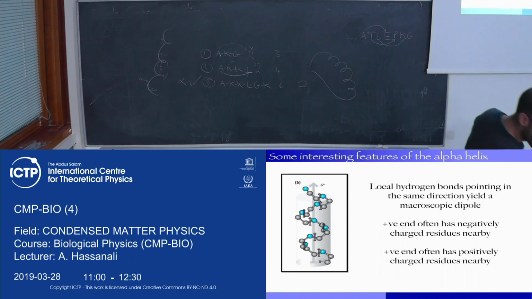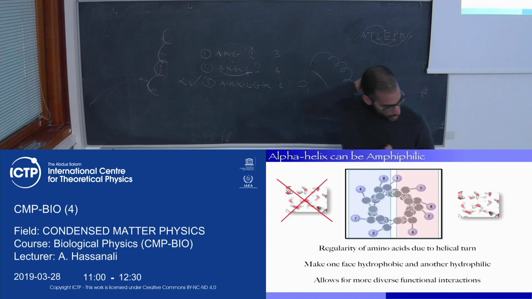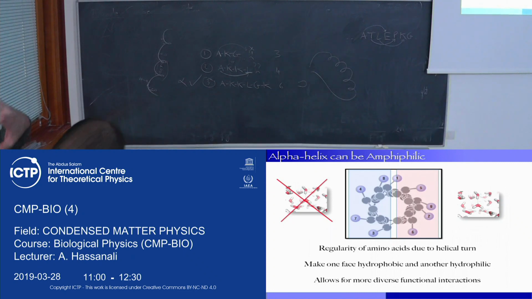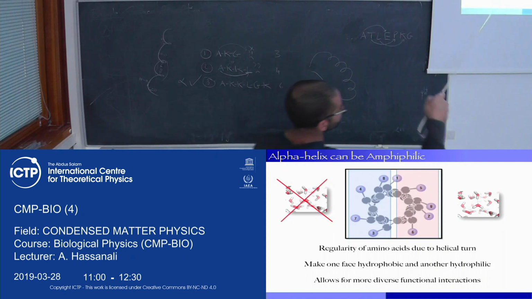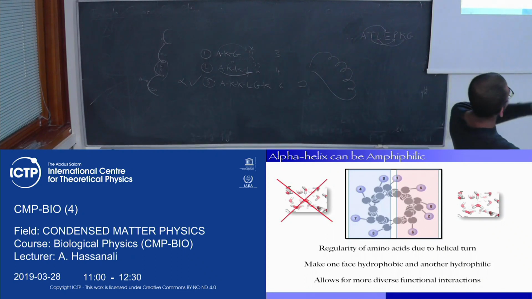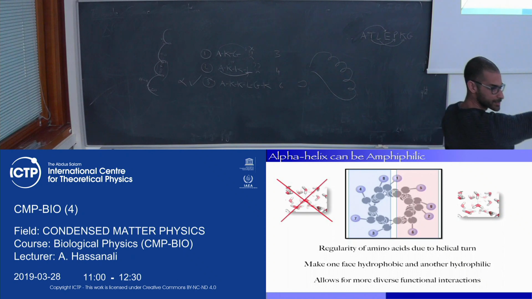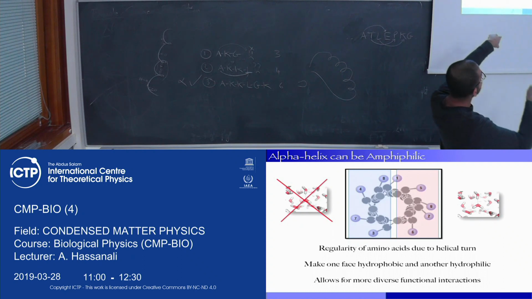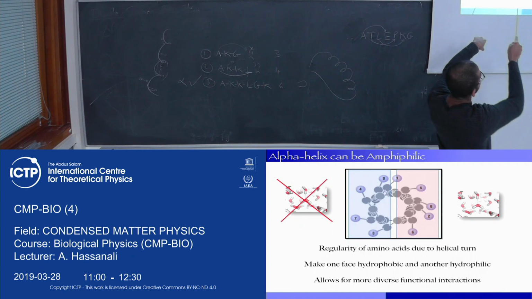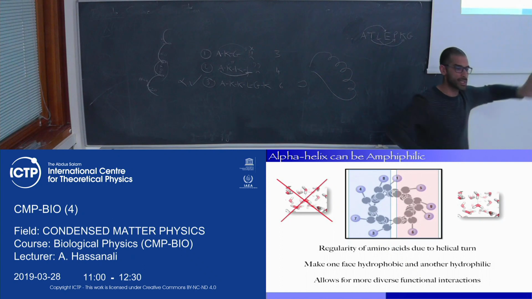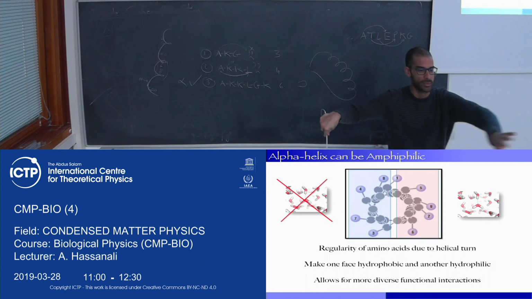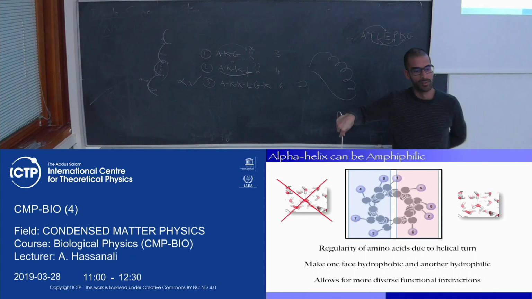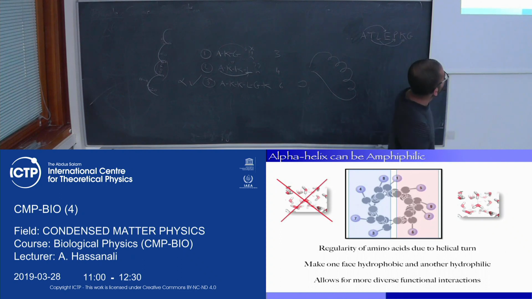So, what kind of function? If you look at the geometry or the structure of the helix, now this is looking down into the center, and there's your amino acids coiling down. What do you see? Well, the side chains are packed out around the helix in different directions.